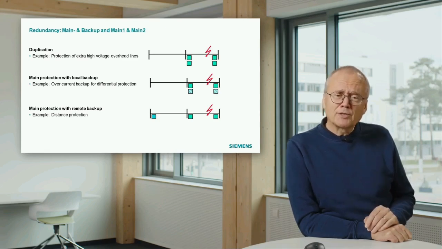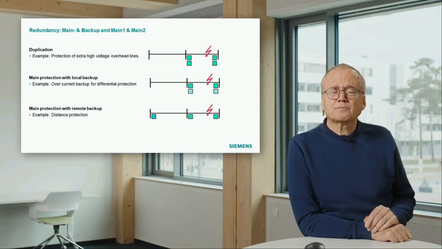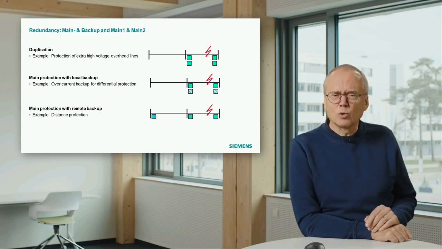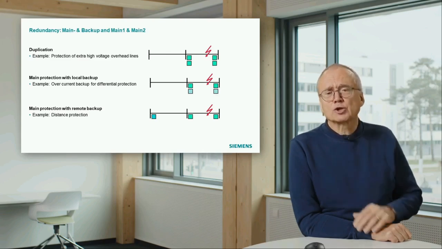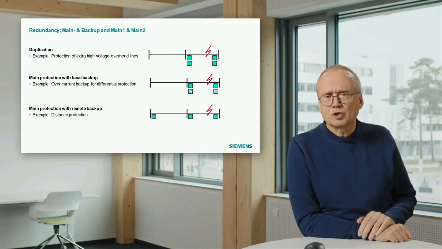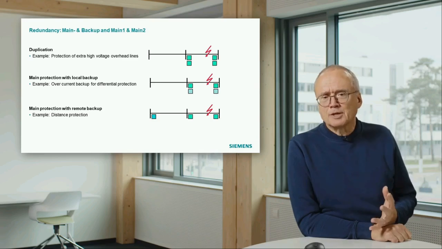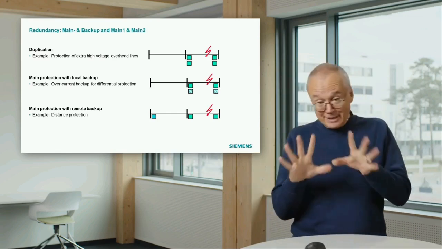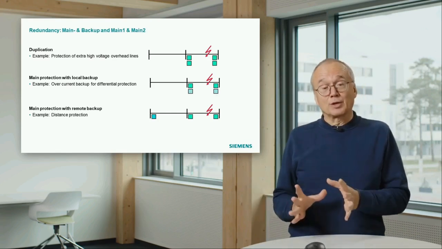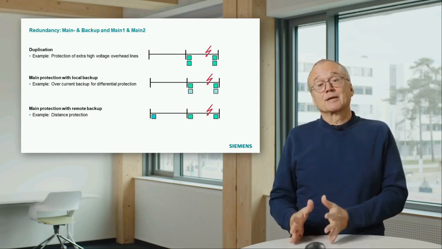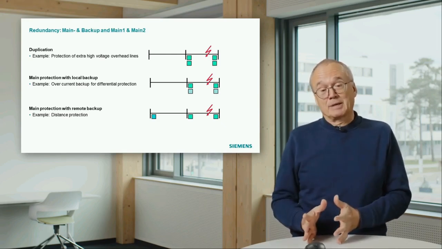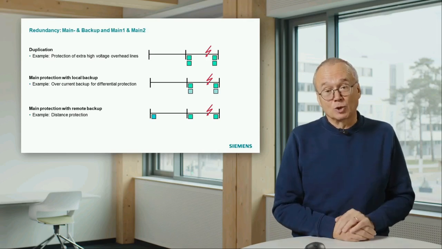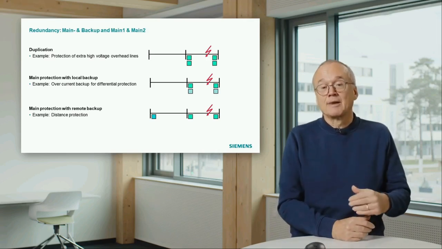But then if the fault is still there after some time, it will say, okay, this looks like a backup case now. Normally, the fault should be cleared in a pretty short time. If the fault is not cleared, it looks like a backup, I will trip. That means at least the fault is cleared. That's the good thing. The bad thing is the tripping in this backup case is done a bit slower because you have to wait.